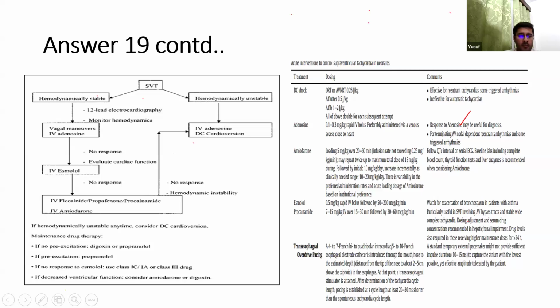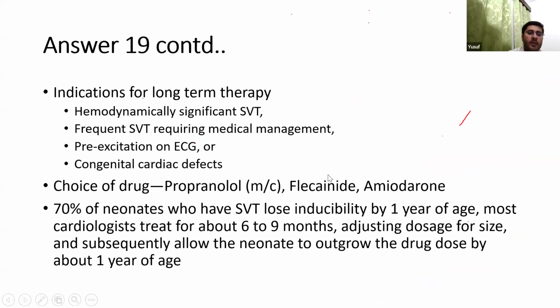So these are the drugs which we have already discussed. Now, indications for long-term therapy. Indications for long-term therapy would be if it was a hemodynamically significant supraventricular tachycardia, or if the SVT is frequent and requiring medical management, or if there is an associated underlying congenital cardiac defect.